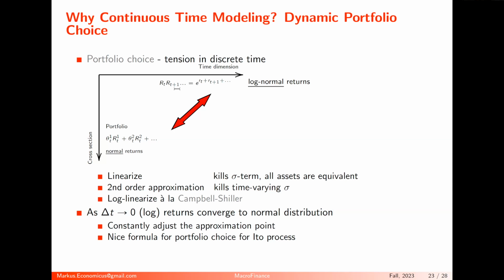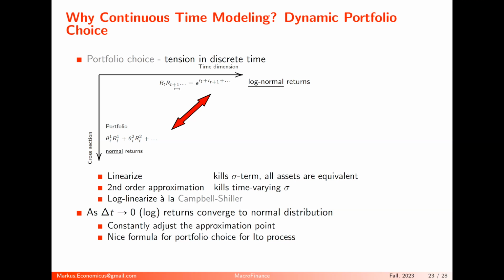And so in discrete time, you have to make a choice. Do you want to favor the dynamic side, or the portfolio choice? Then you say, let me switch off the portfolio choice, and that's what macro does mostly. Let's switch off the portfolio choice because it's not nice to handle. We have only one asset, one tree, or whatever, a Lucas tree. And then we can do the dynamics.